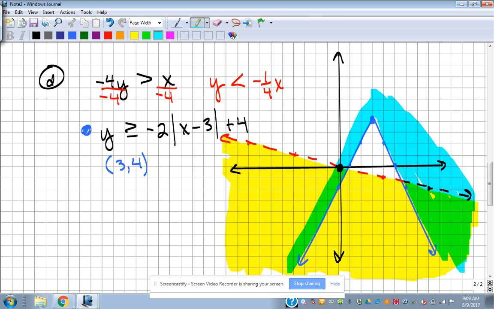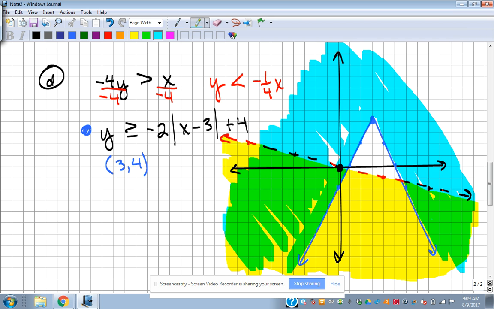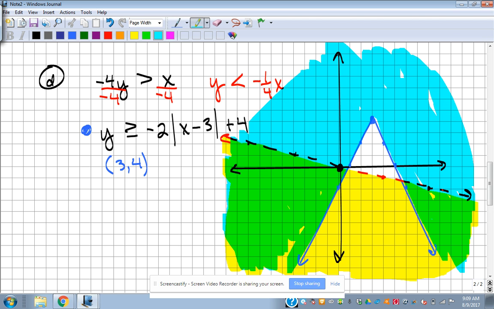We got a couple of areas of solutions. That's interesting. So you got solutions, and there's another solution area.